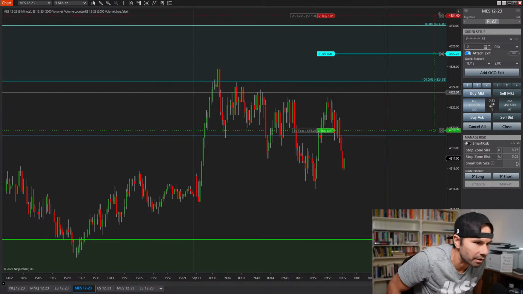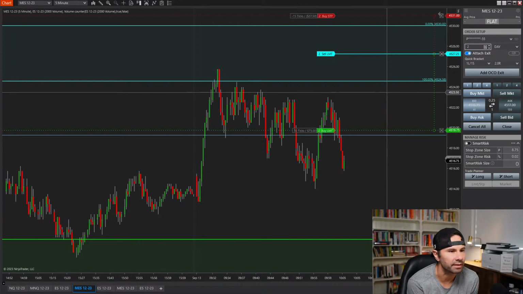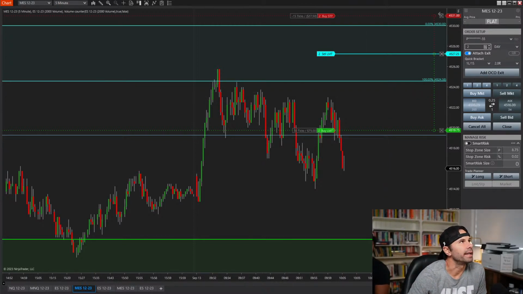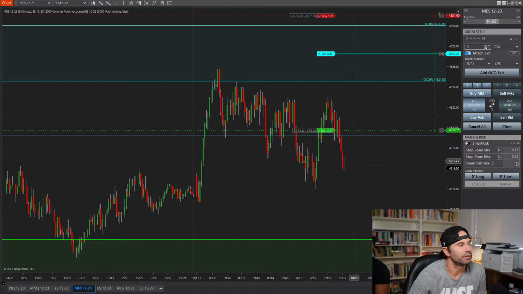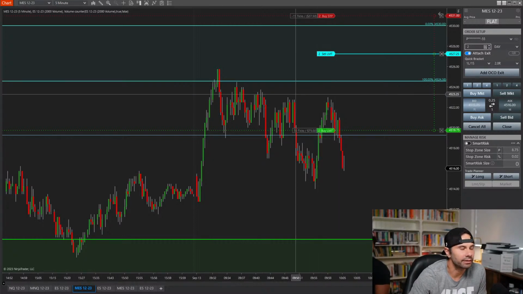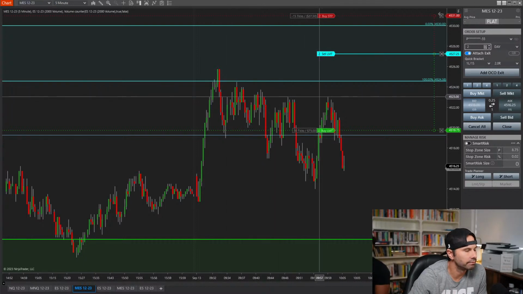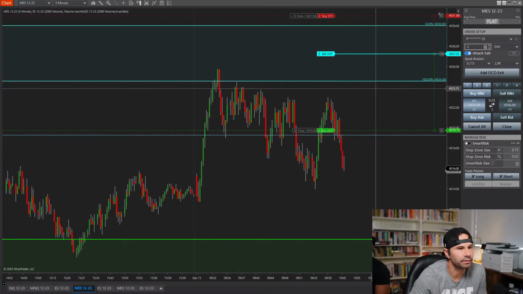I don't want to get trapped in this chop, to be honest. It's hard to wait when it's going in the other direction, but it is what it is. Unless something is created here, you could argue that a lot of orders are here.